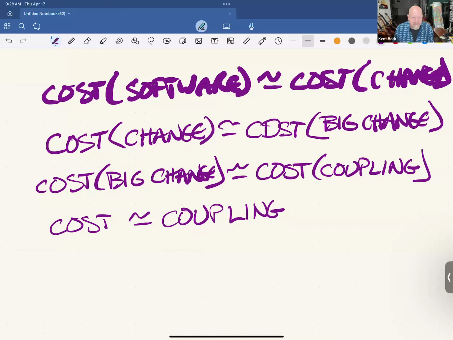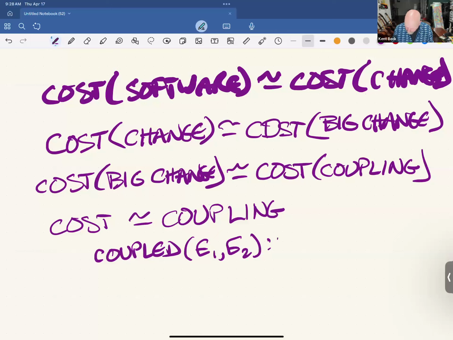If I'm going to use kind of a pseudo mathematical notation for this, element one and element two are coupled, with respect to a particular change, that's an important part of this, is defined as changing E1 implies changing E2.